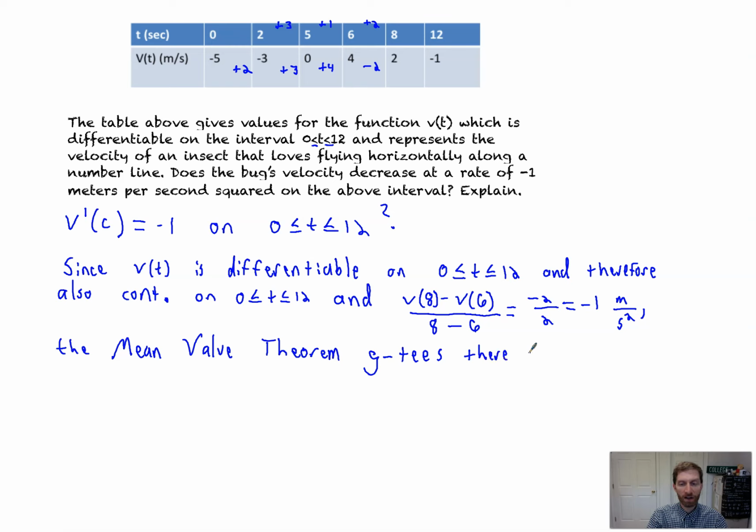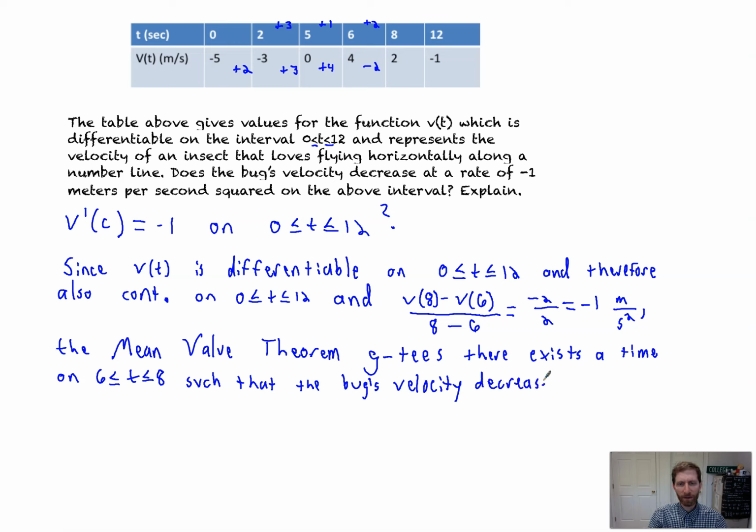So there exists a time, and technically it would be on 6 is less than or equal to t is less than or equal to 8, such that, here comes the copying, the bug's velocity decreases. So fun to watch me write, right? Velocity decreases at a rate, just copy it all, of -1 meters per second squared.